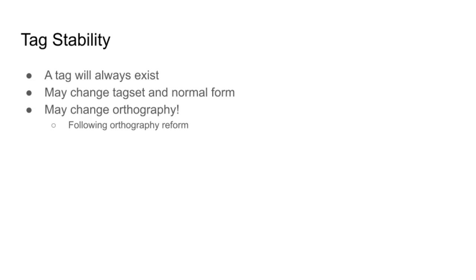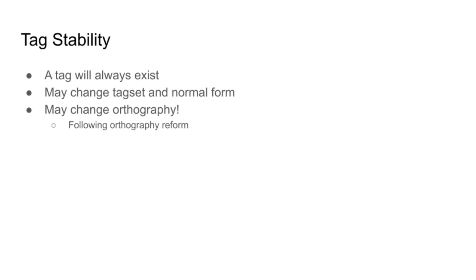To make matters worse, tags are not necessarily stable. This is really annoying, but it's the situation we're in. If we put a tag into the JSON file, it will always exist, but it may change its tag set. It may change its normal form, therefore, and that's annoying, but it's the best we can do.